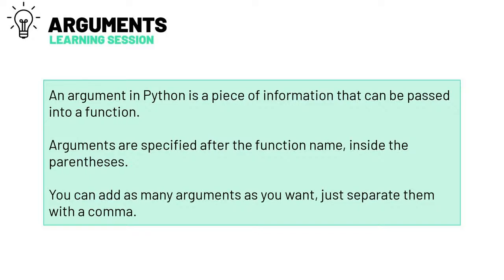I'm going to send the link for this as well. Sometimes we don't know the number of arguments that are going to be passed into a function, so we use a certain type of argument in Python to tackle that. So that is what we mean by arguments in Python.